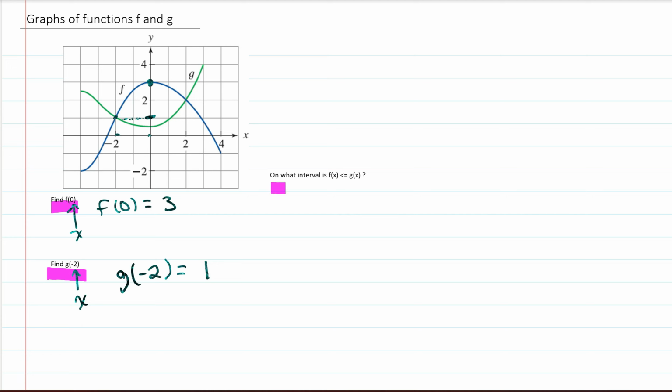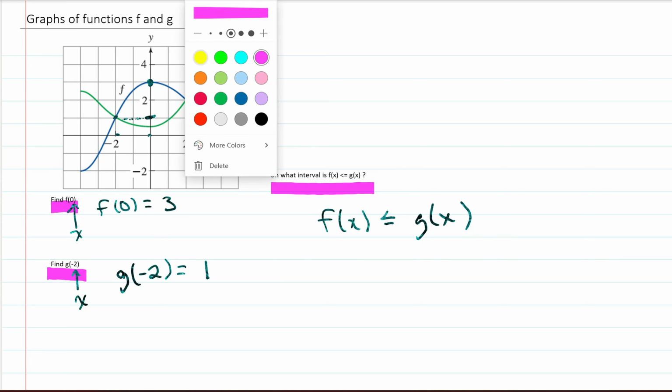All right, and then we'll go over and say, on what interval is f of x less than or equal to g of x. So we're trying to find out where our function f is less than g of x. Well, that's just coming from looking at the graph.